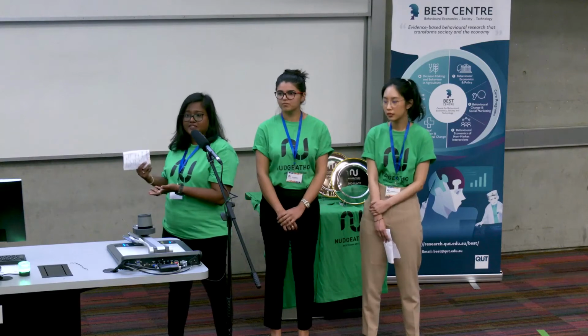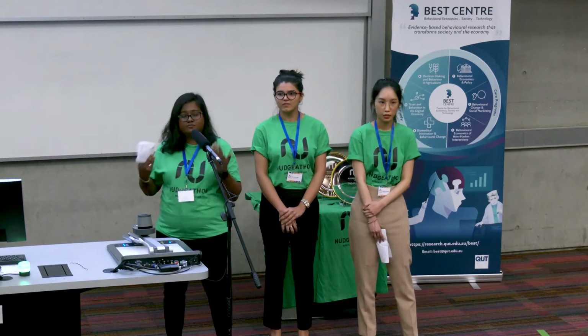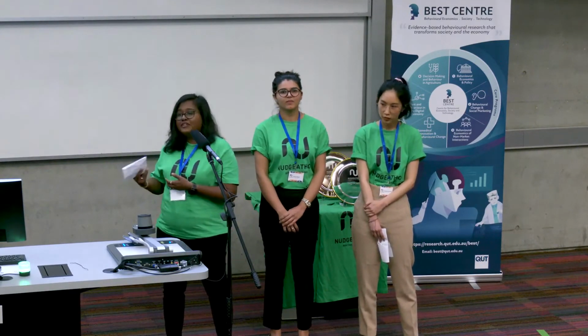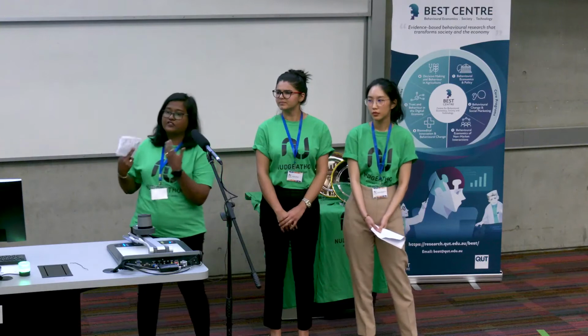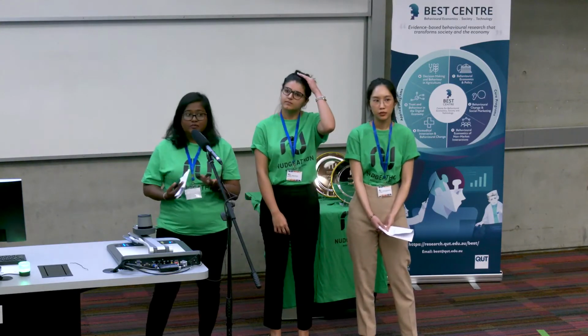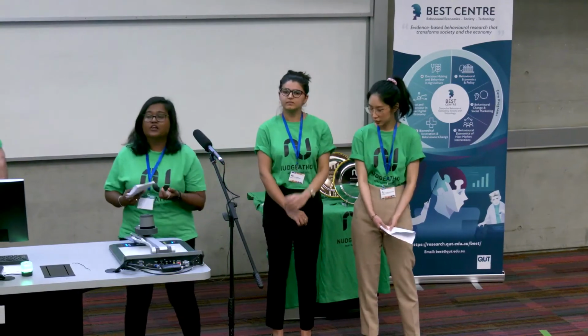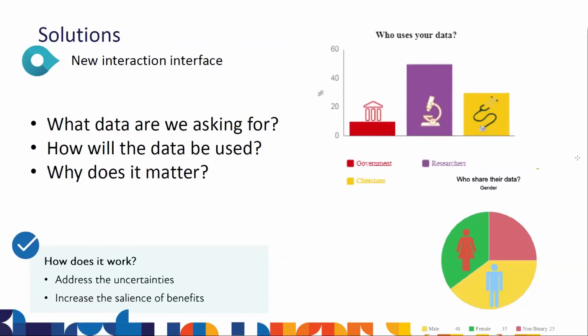So we recommend ideally using a visual representation to present the data, so it would be easily understandable by anyone, like how the data is used and how it is stored. In this way of information provision, we can overcome the uncertainty or ambiguity, as well as the information overload problem.